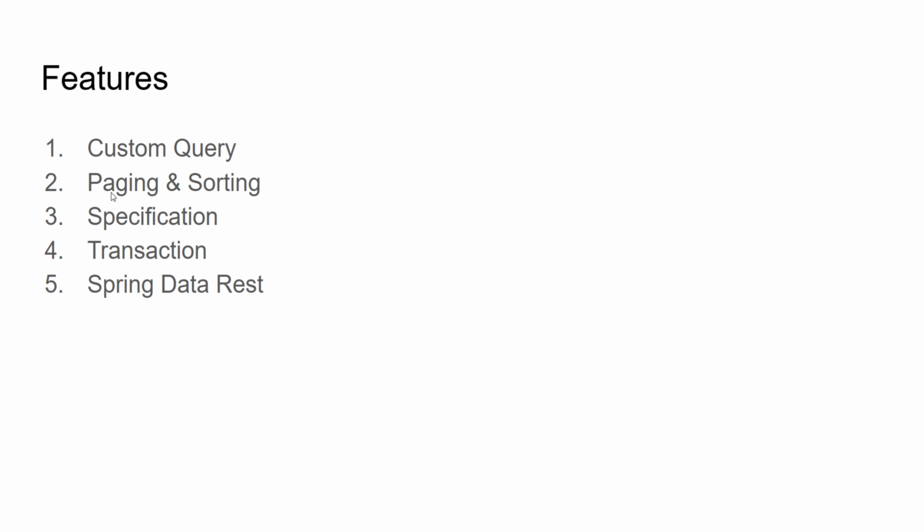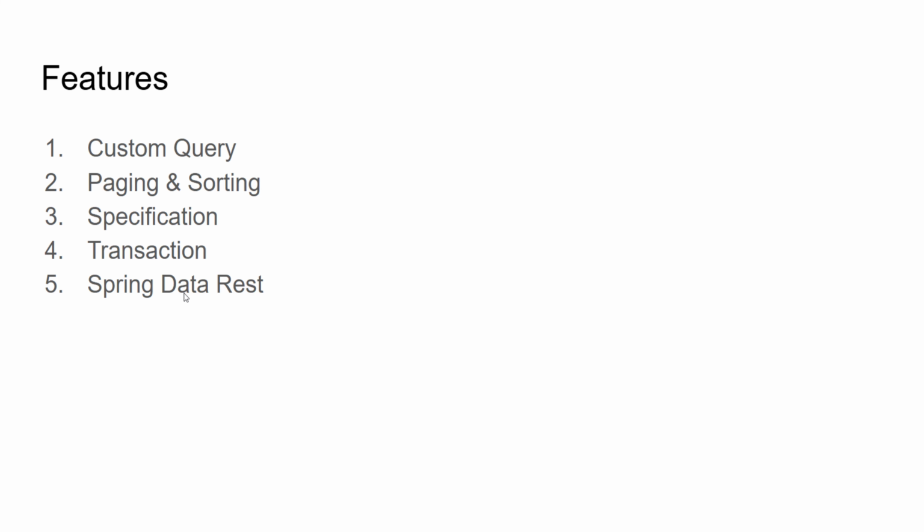And we also have pagination and sorting. I already mentioned it, but it's so smooth, you'll love it. And specifications, yeah, fancy where clauses with dynamic conditions, super powerful for filtering. Transactions have built-in support to keep your data operations safe and consistent.